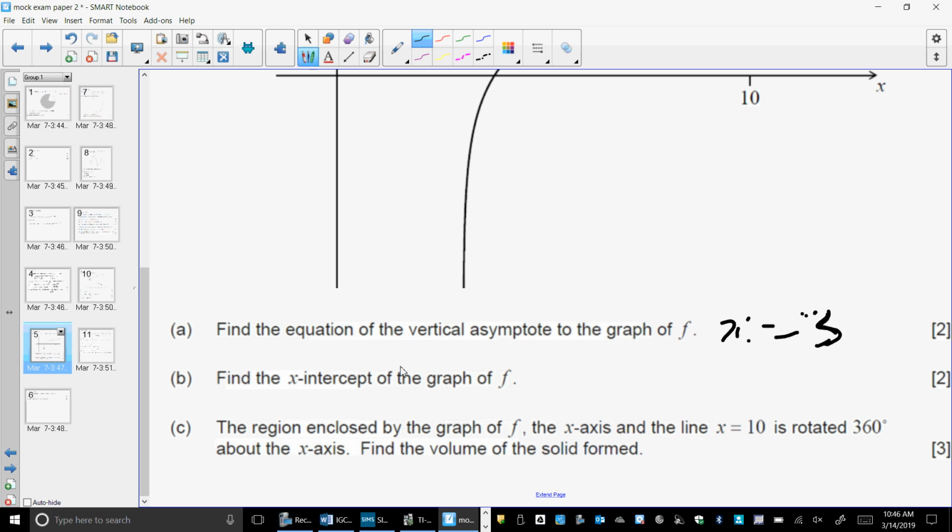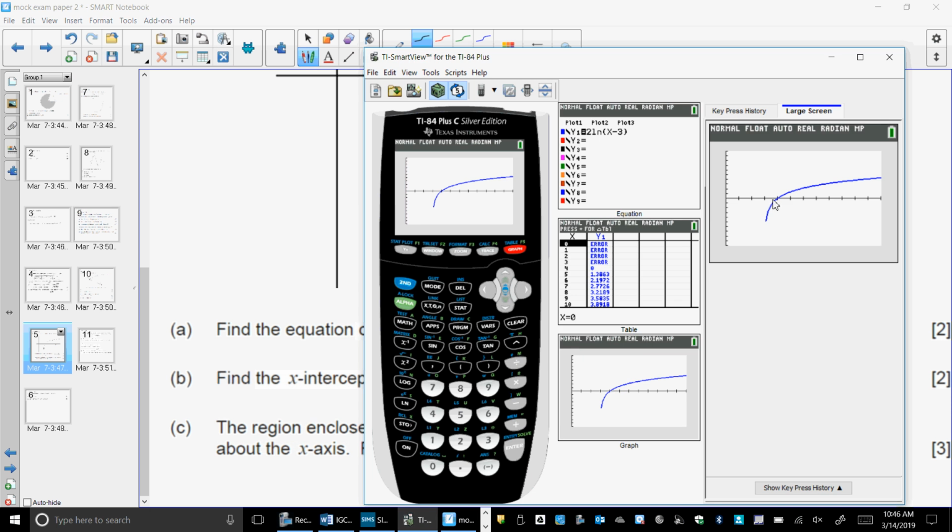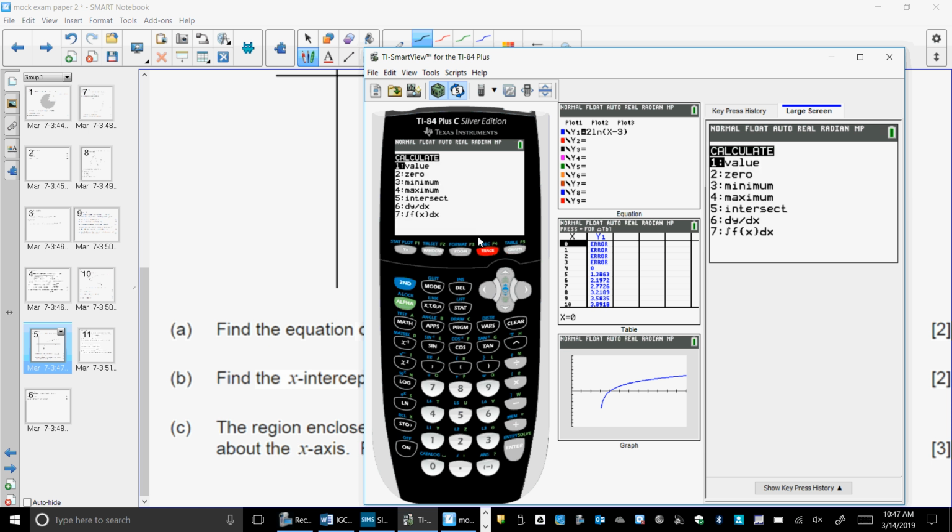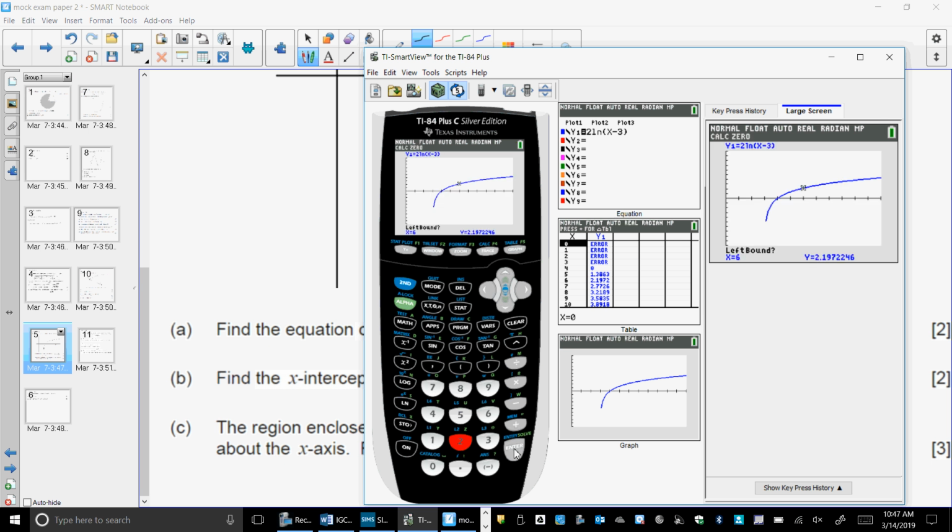Okay, find the x-intercept. Again, you can see, hopefully, that that's a value of 4. If you weren't convinced, you could go to the second calc, see the calc here, and you'd be finding the 0 point. So it says left bound, so we have to move our cursor to the left.